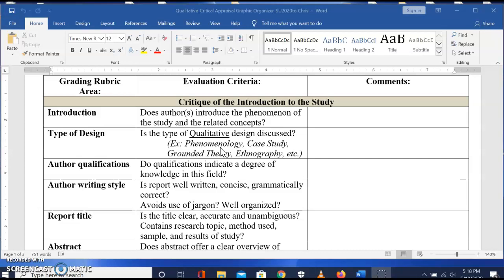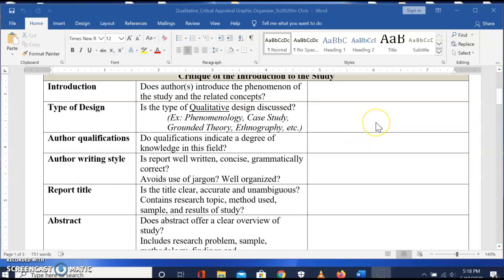So let's say that no, the type of qualitative design is not discussed. The researchers do not state what kind of design they used. However, looking at the article, it looks like perhaps they used phenomenology. So you can actually put your opinion in here and relate why you think that in the comment section.